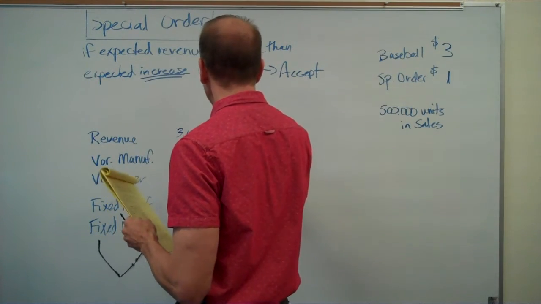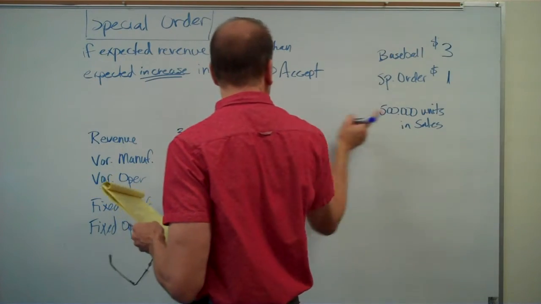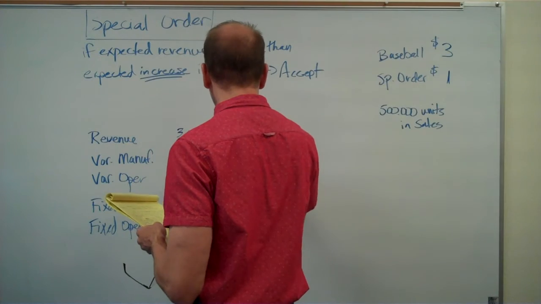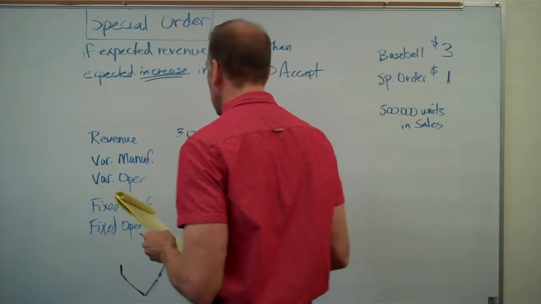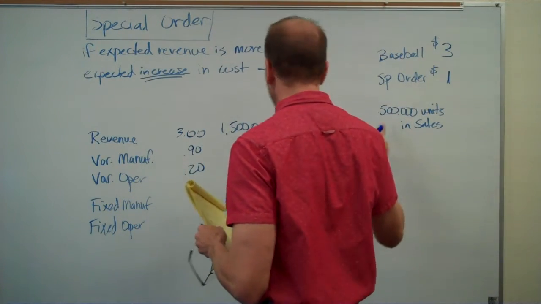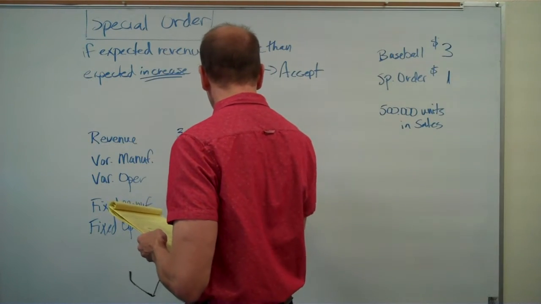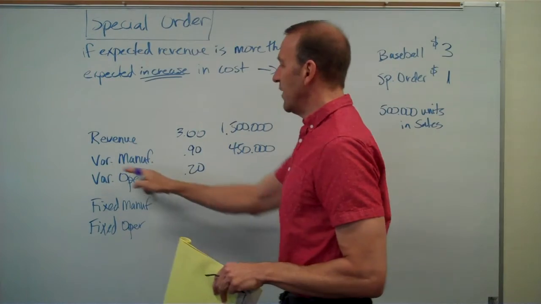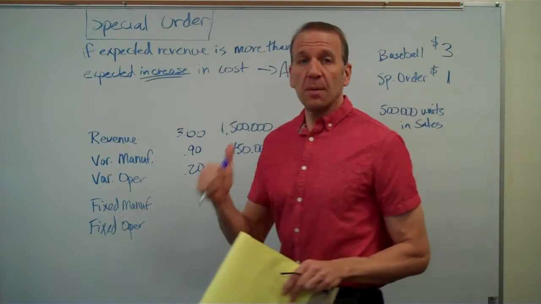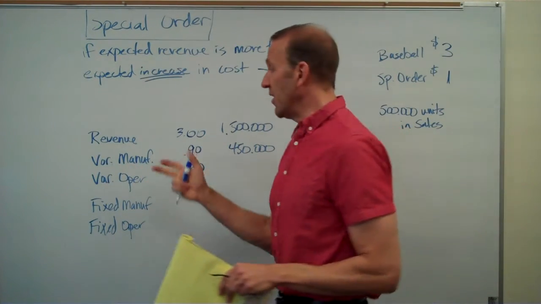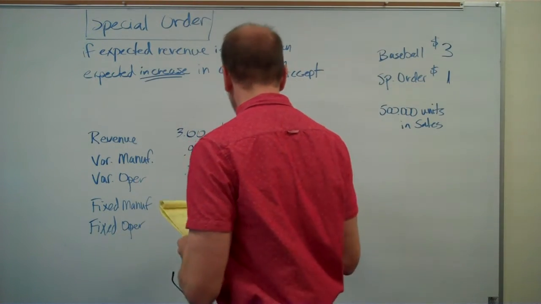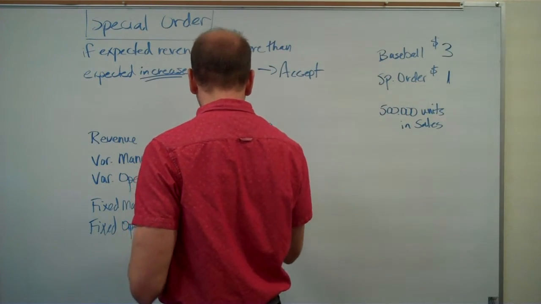So then at the 500,000 level, we would be making 500,000 times the $3, which would be 1.5 million. 90 cents times the 500,000 is 450,000 in variable manufacturing costs. So those variable manufacturing costs, that's our materials, labor, and variable overhead. Then we've got our variable operating, 20 cents times 500,000, which would be 100,000.